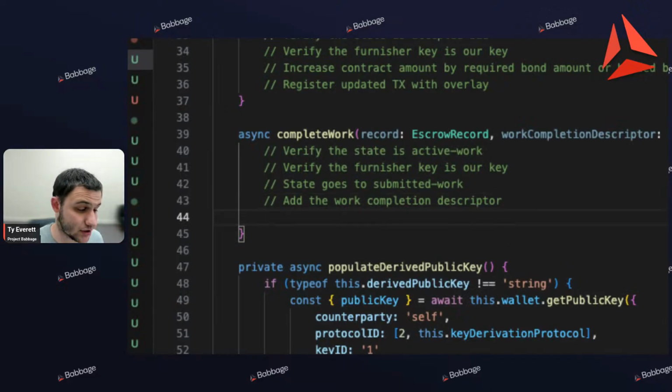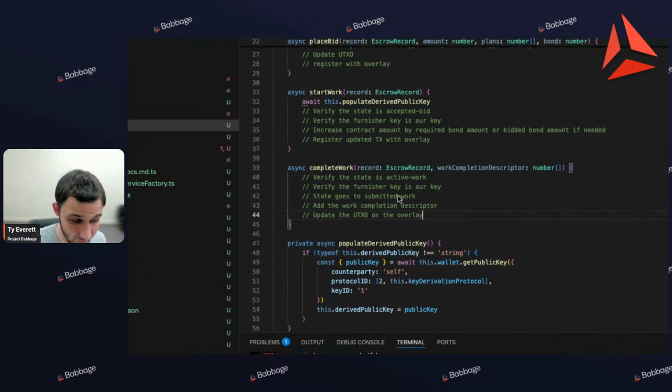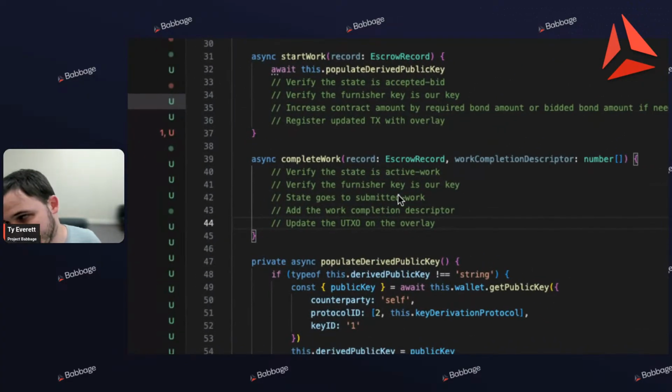Add the work completion descriptor. Update the UTXO on the overlay. Okay. Now it's submitted.